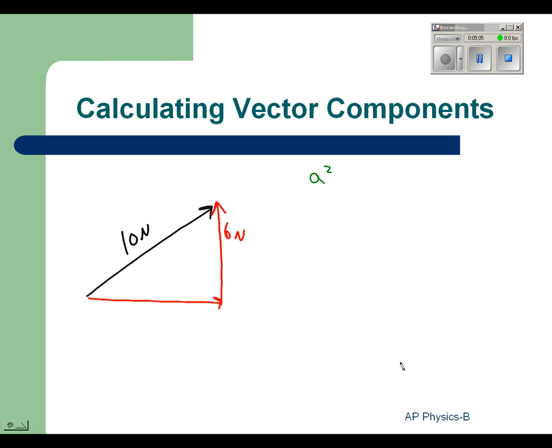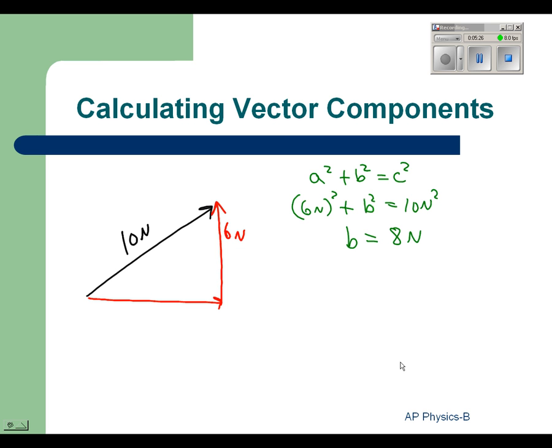There's the Pythagorean theorem. Using that, if we did 6 newtons squared plus b squared equals 10 newtons squared, we end up with the answer b equaling 8 newtons.